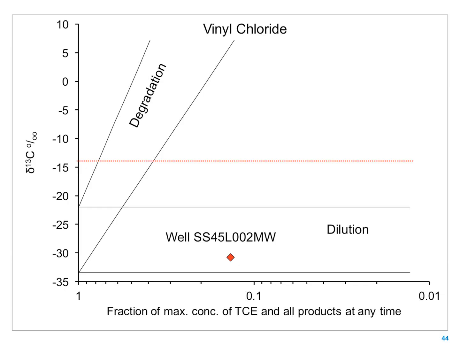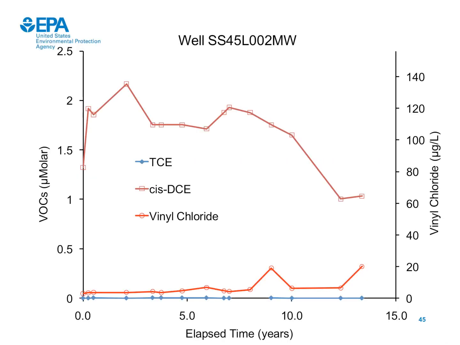It can't say something's not happening, but it can say there's no evidence that it is happening. So there's no evidence for degradation of vinyl chloride. Next slide. And at a lot of sites, you really don't expect the vinyl chloride degradation to kick off until the cis is gone. So that's not a surprising interpretation of the data set. Next slide.